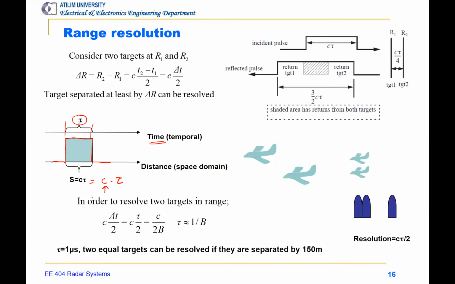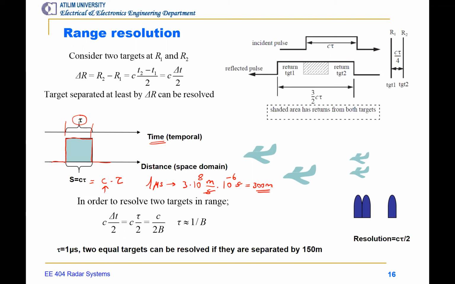So if I consider a 1 microsecond pulse, this is going to be a range over space of 3 times 10 to the 8 meters per second times 10 to the minus 6 seconds, which is 300 meters.